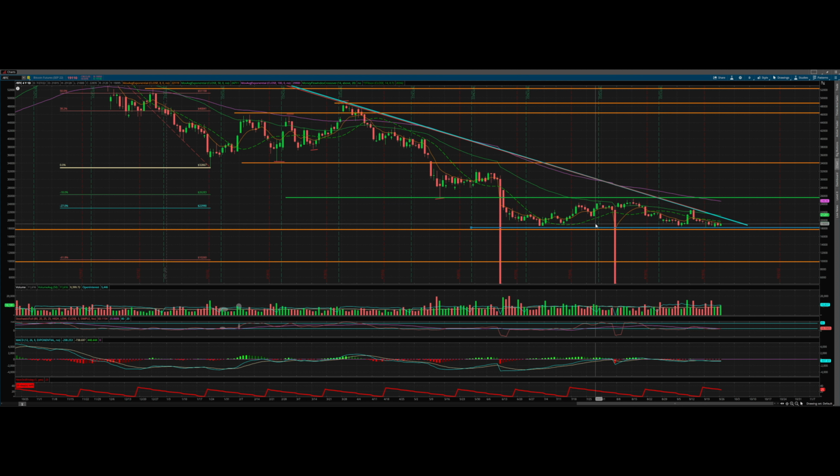Typically price consolidates when we're looking at a move. The longer it consolidates, the sharper the move. So what we're looking for is we're coming into almost this wedge, right? We've got a couple more days, probably another week, and then probably a decision point.